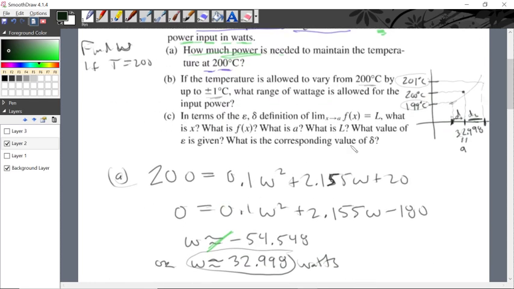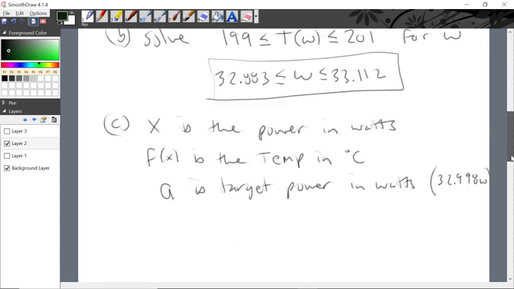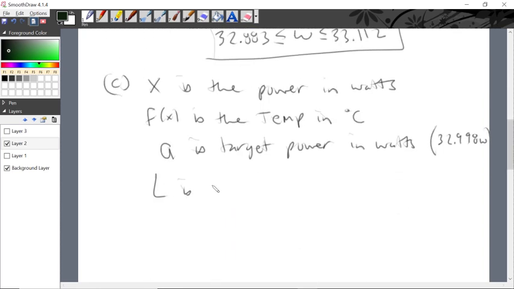What is L? The limiting value, the target for the output. And that target is right here at the center. It's 200 degrees. So L is the target temperature in degrees Celsius, and that was 200 degrees Celsius for us.